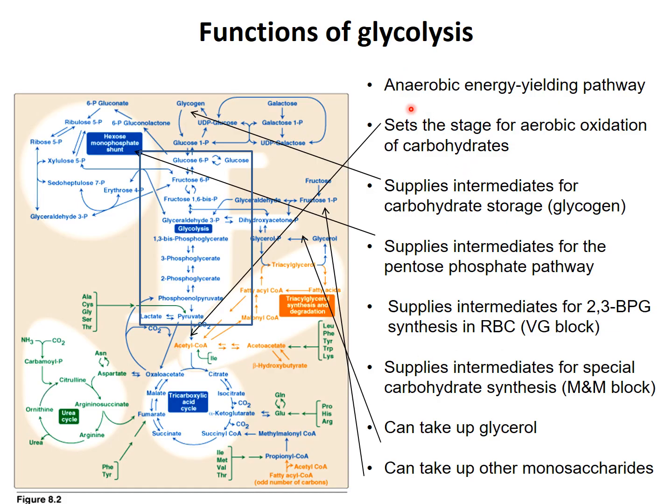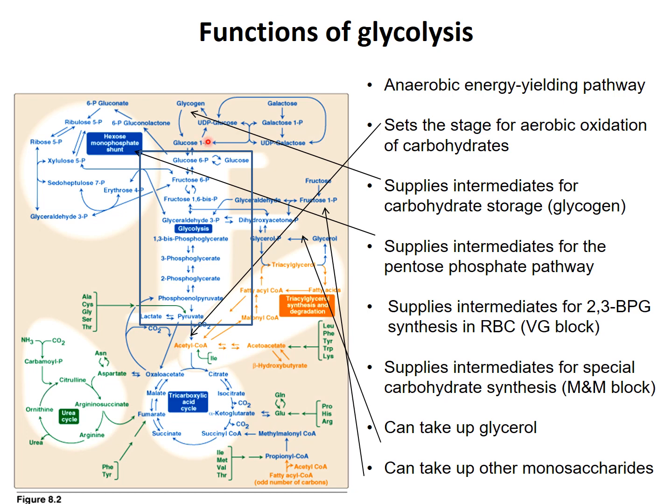However, energy generation is a very important but not the only role of glycolysis. We already mentioned two facts: that glycolysis after the first intermediate can be diverted to glycogen synthesis, and also after the first step of glycolysis can be diverted to the hexose monophosphate shunt.